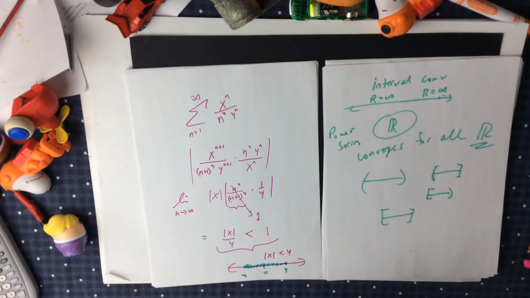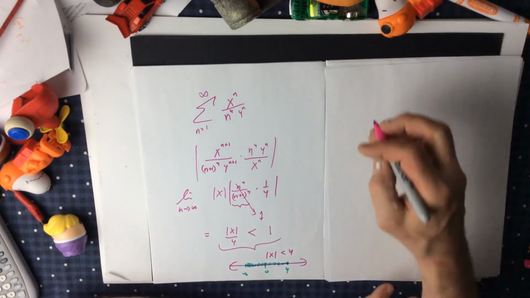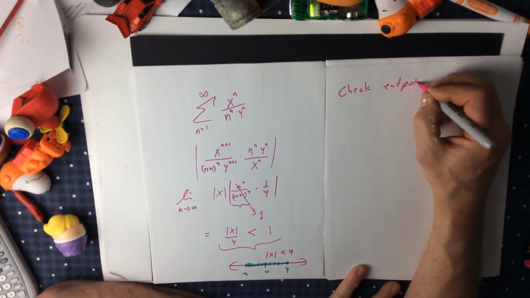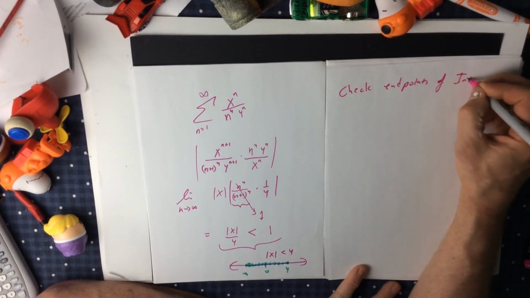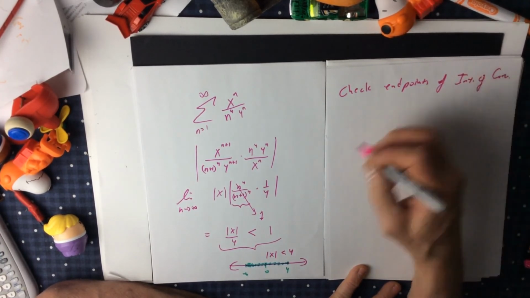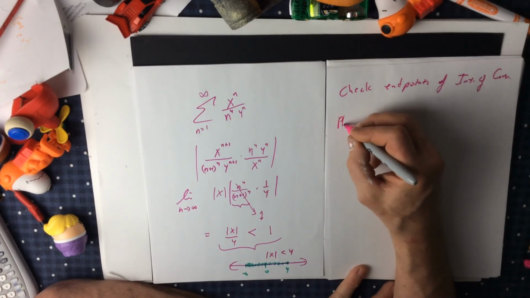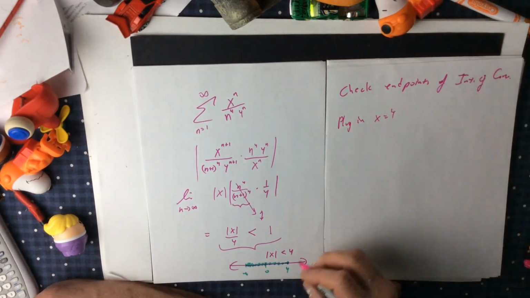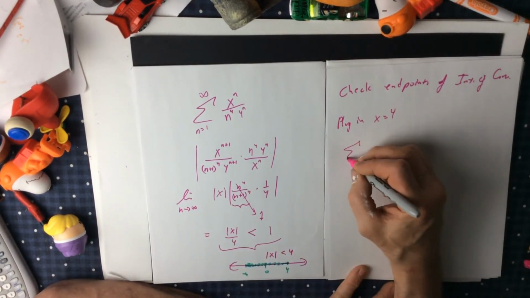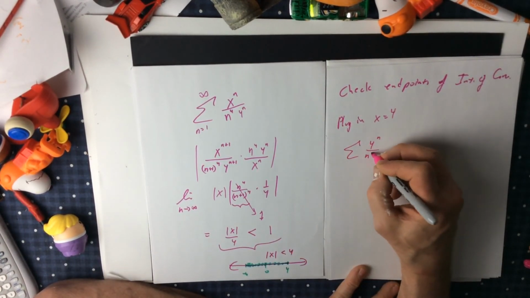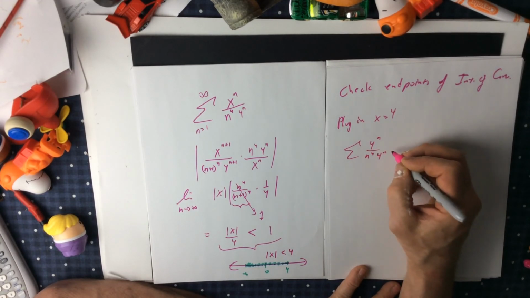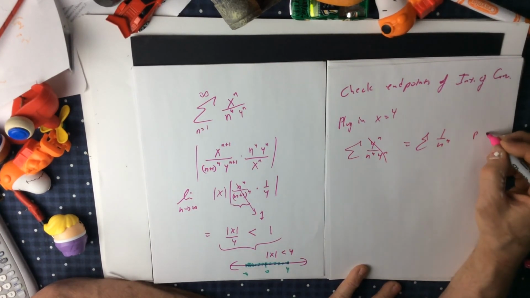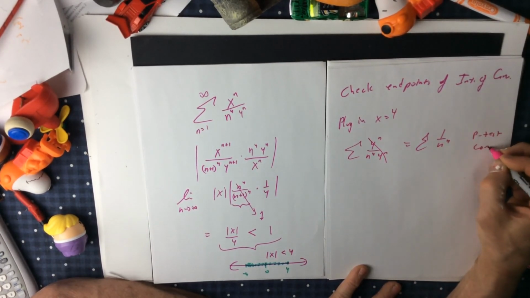And I'm now going to check the endpoints of the interval of convergence. I am going to plug in x equals 4 and see what I get. So the sum of 4 to the n over n to the fourth, 4 to the n. Why, that's a sum of 1 over n to the fourth, which by the p-test converges.